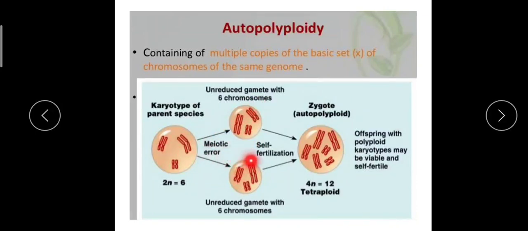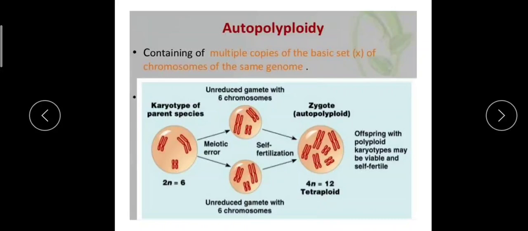But see here, a meiotic error occurs and the gametic cells have the same number of chromosomes as the parent cell, and self-fertilization occurs. These 2 gametes fuse and form a zygote. So the zygote will have this chromosome number plus this chromosome number. So this is the zygote formed, which has an autopolyploid condition.